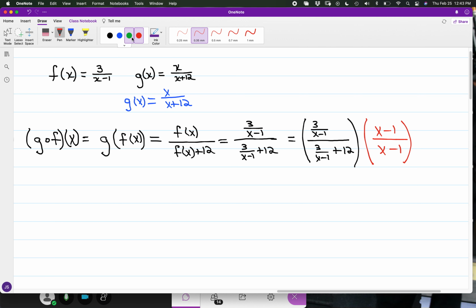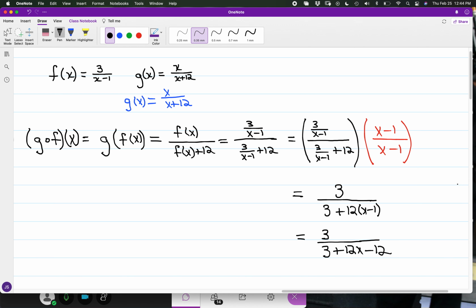Now what's going to happen here is that for the top part, 3 over x minus 1 times x minus 1 is canceled, so we're going to have 3 on the top. And for the denominator, x minus 1 cancels, leaving us with 3. And as for 12, we have 12 times the quantity of x minus 1. Narrowing it down, you have 3 over (3 plus 12x minus 12).